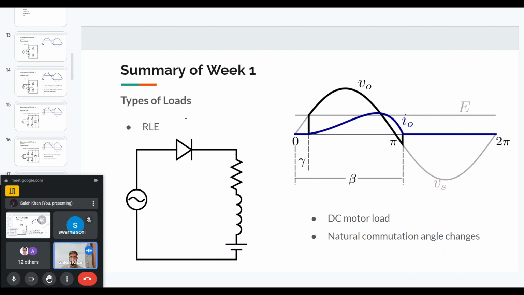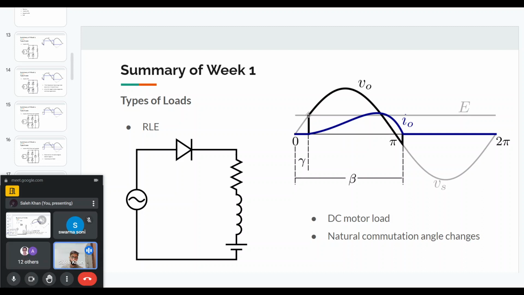Here, for example, I've shown a half wave uncontrolled rectifier circuit. The result of having an E, which is basically the EMF, is that the diode will not be forward biased until the supply voltage reaches or crosses the E voltage level.